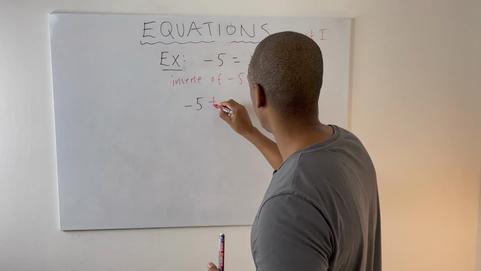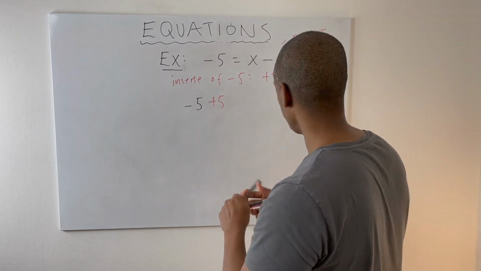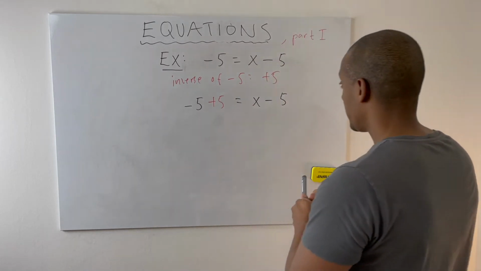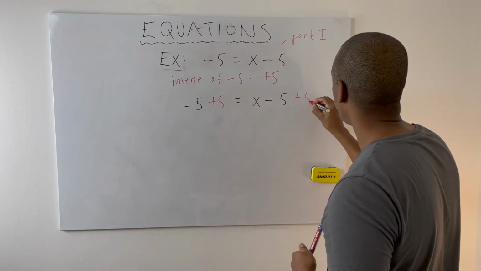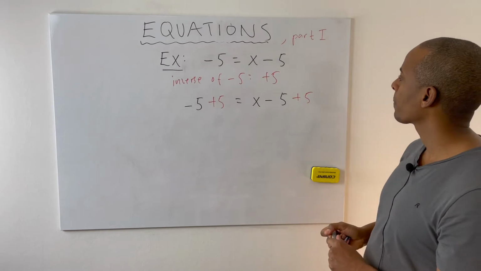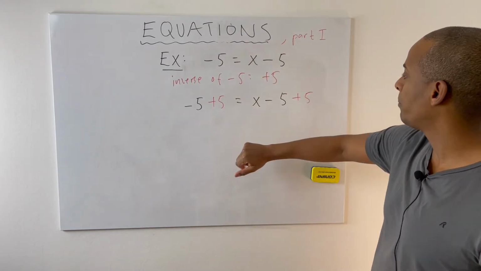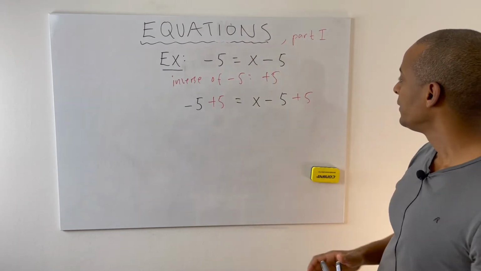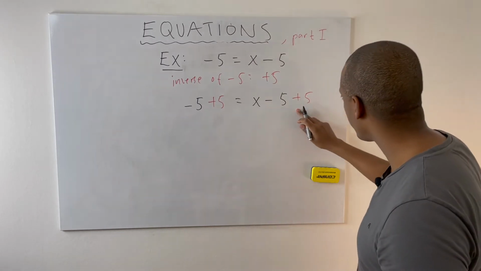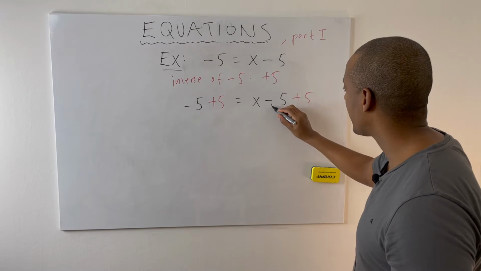So we're going to add 5 here, and then we're going to add a plus 5 here. Okay guys, you follow me? We just wrote the same thing, but we added 5 on both sides. And now the magic happens, because now we can see here that minus 5 and plus 5 cancel each other out.